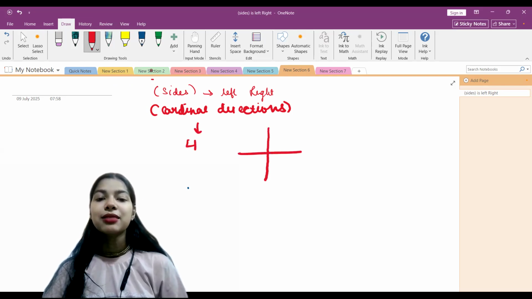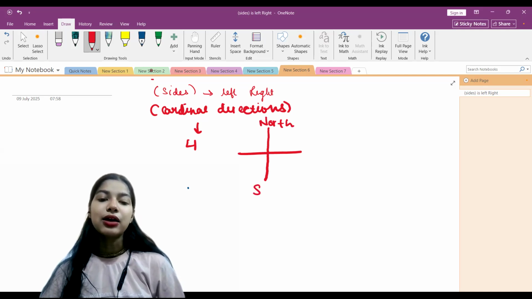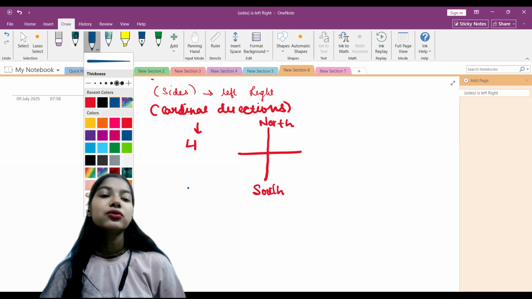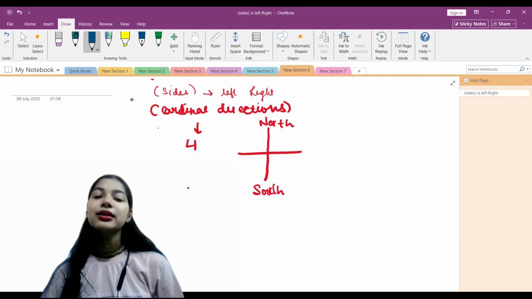Can you please tell me? Yes. One is north, the other is south. Now, these two cardinal directions you have to keep in mind. The other is the west and next is the east.